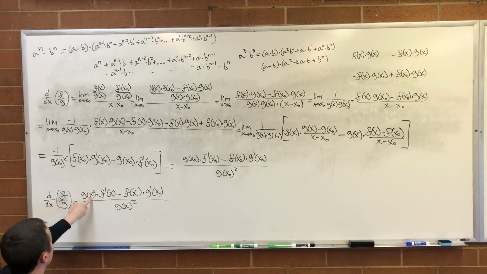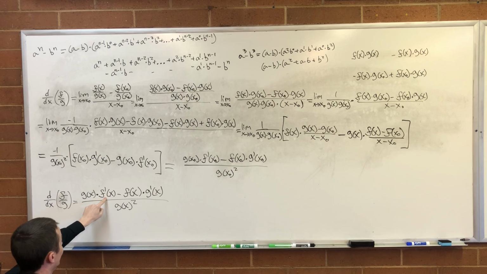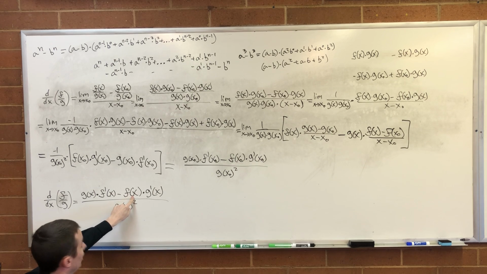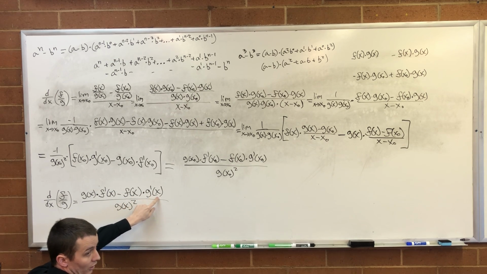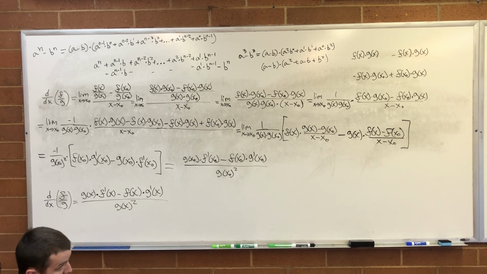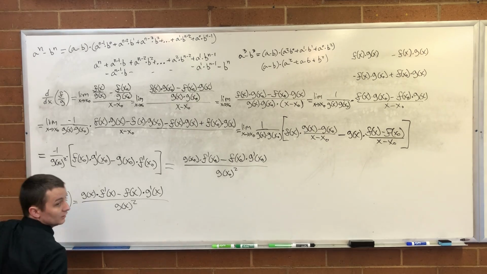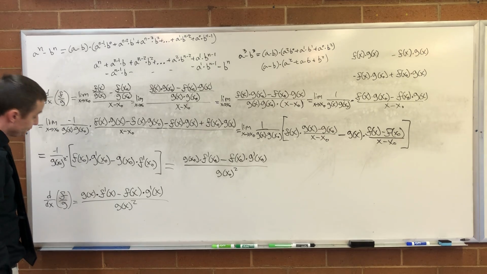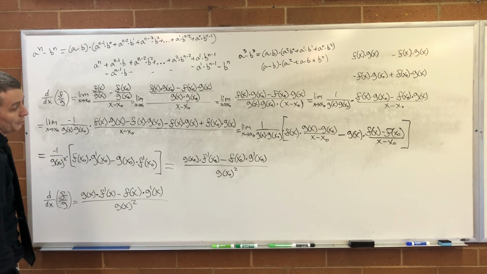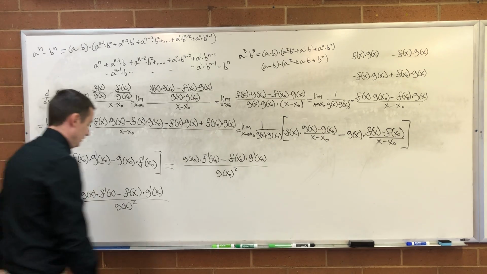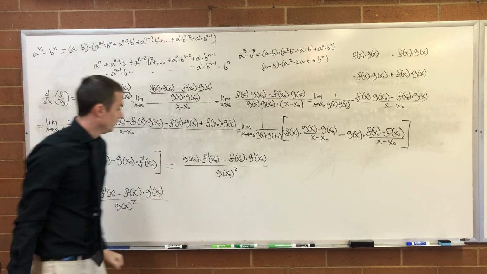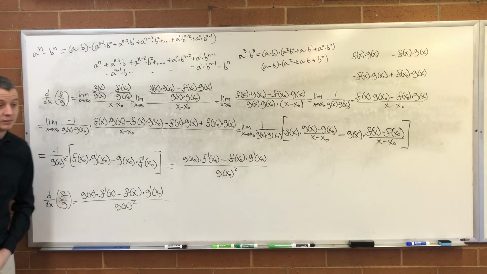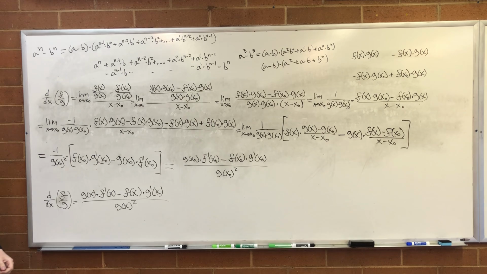Low, the bottom, times d high, derivative of the top. Low d high minus high, the top, times d low. Square the bottom, and away we go. So that helps you remember it. So be it. That's going to be our most complicated one that we do.